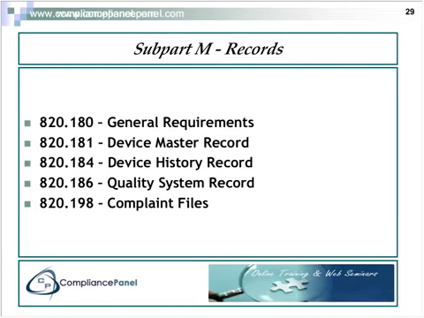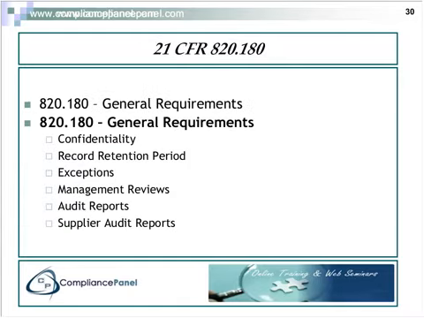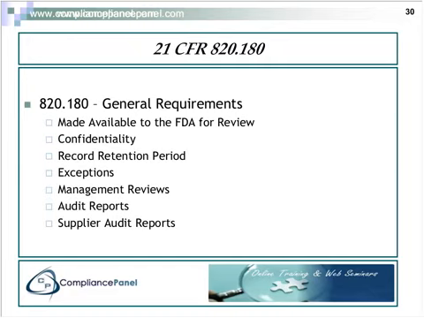If there is an adverse event in the field and you need to go back and ask how many of these devices did we build this way, what happened with this particular batch, or where did we use these components, you have all these records in place to answer those questions for yourself. So we're going to go through these probably a little individually so that we see a little more about how the records play a role here.